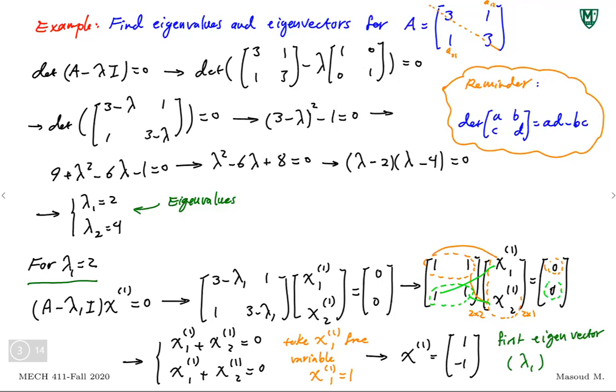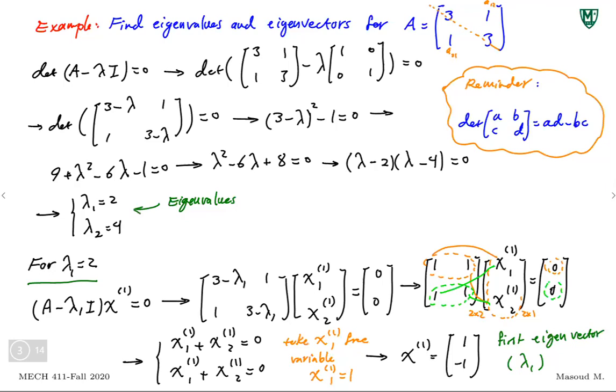So we found eigenvalues by finding the roots of the polynomial, and then for each eigenvalue, we find an eigenvector. We do the same process for the second one. The second eigenvalue, lambda 2, is equal to 4. Let me double check. Yes, it was 4. I'll say A minus lambda 2 I times x2 is equal to 0.